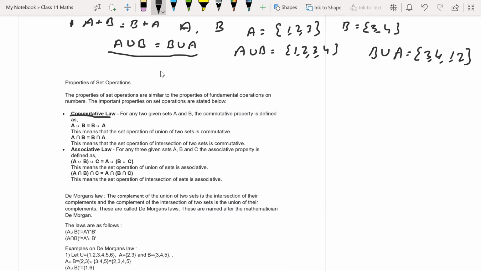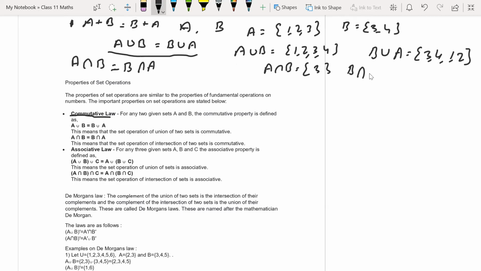Similarly, set operations on intersection: A intersection B is equal to B intersection A. Is it true? For A intersection B, the common element is 3.